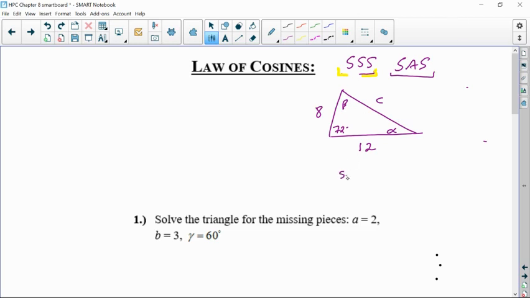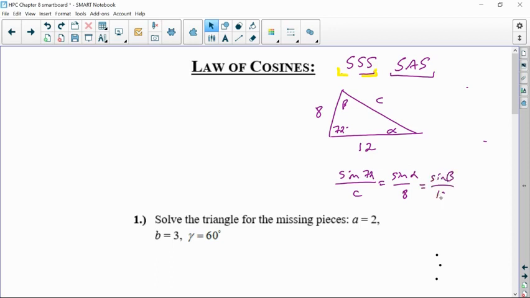It doesn't work. Sine of 72 degrees over C is equal to sine of, pick whichever one, alpha over 8. Again, no way to solve. Or sine of beta over 12. Anytime you pick 2 of these 3 ratios, you have 2 unknowns.